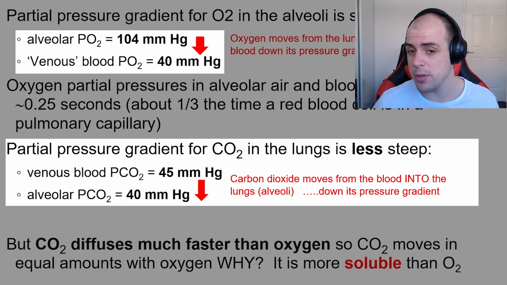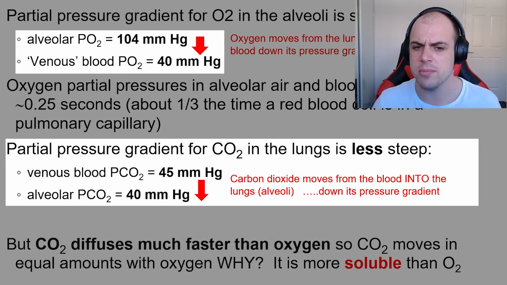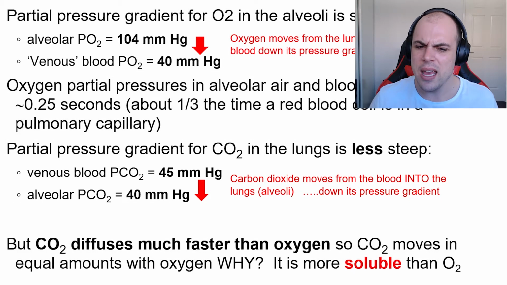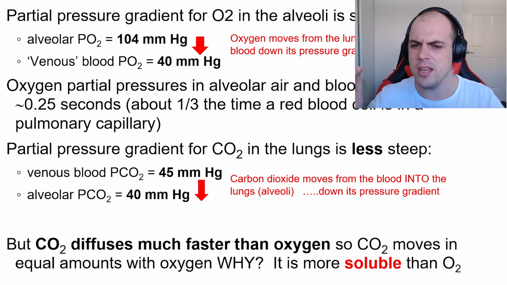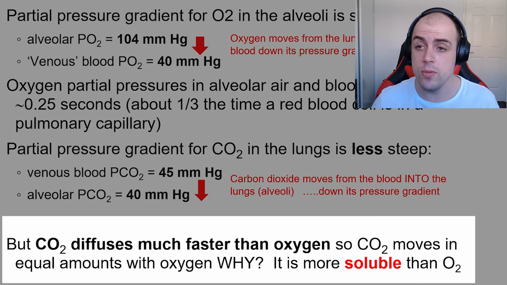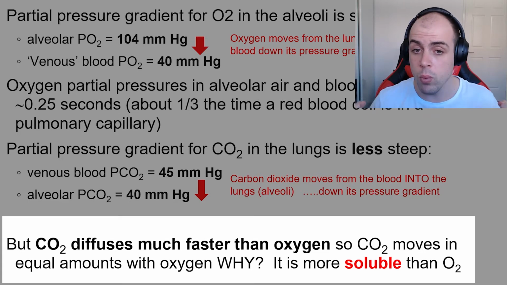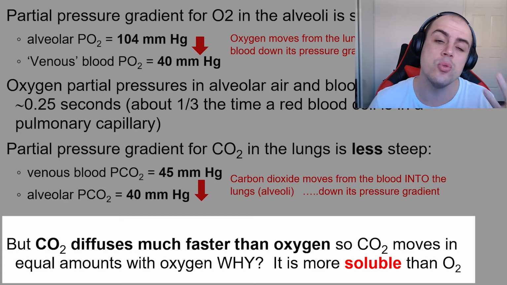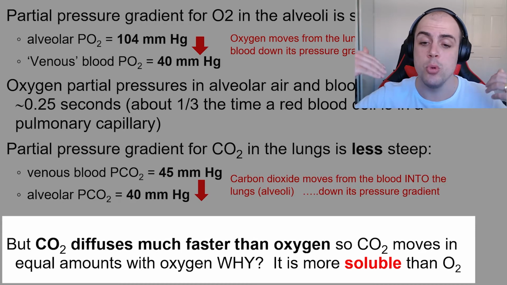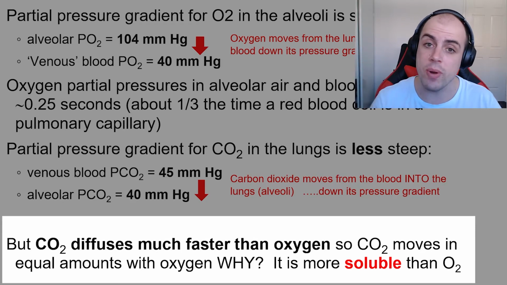That's a big jump. Whereas with carbon dioxide, it's going from 45 millimeters of mercury to 40. Yet, even though the partial pressure gradient is nowhere near as steep, carbon dioxide moves faster than oxygen. So how on earth does that work? Simply put, carbon dioxide is way more soluble in water compared to oxygen. So it's able to move a lot easier and it doesn't need such a gigantic gradient.